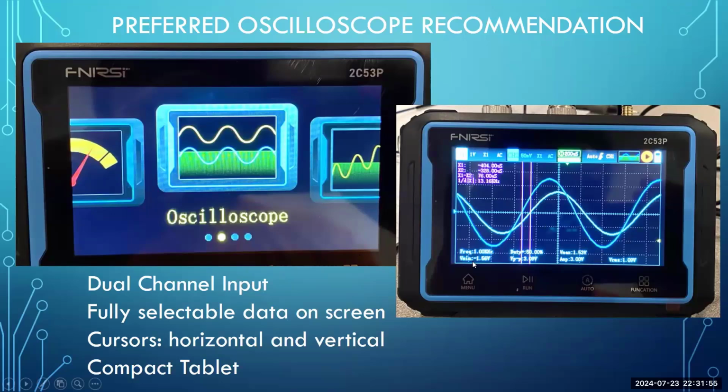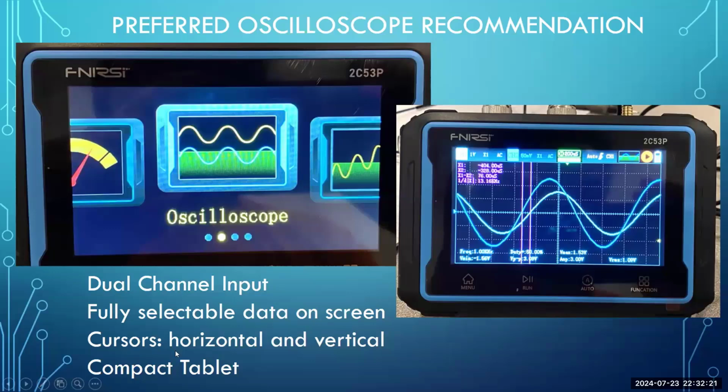Fully selectable data on the screen, so I can select what data. I can read the peak values off the screen, or you can have the machine just calculate it for you and put it on the screen. This is really nice as a time saver, because you've already taken the time to analyze everything on paper. You're just using this to confirm your analysis.